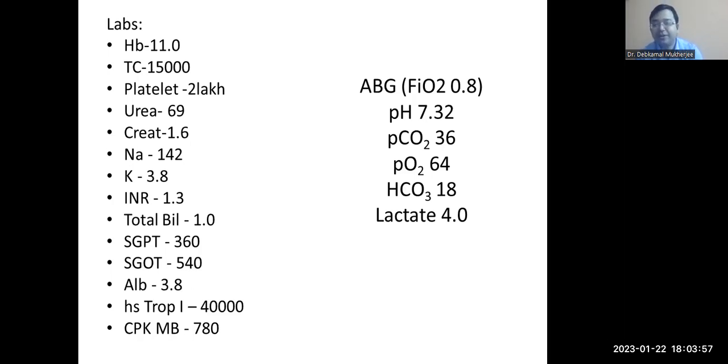Expected PCO2 here is 1.5 into 18, that means 27, plus 8, that is 35, plus or minus 2. So it is 36, which means it is compensated. Yes, it is compensated.